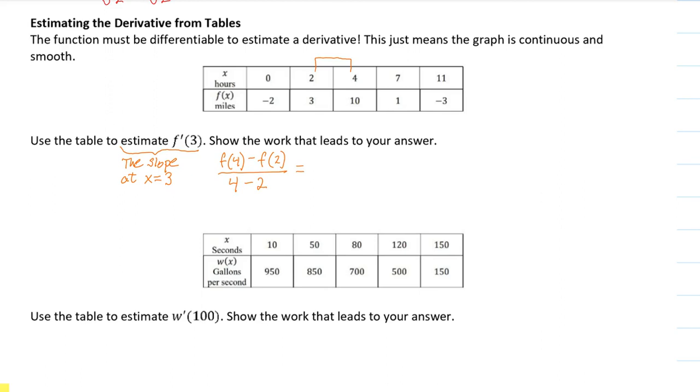That's going to be 10 minus 3 over 4 minus 2 is 2. So we're going to end up with 7 halves. Now, is that a great estimate for that? Probably not, but that's okay. It's all we have right now, so we're just going to estimate. That's all you can do.